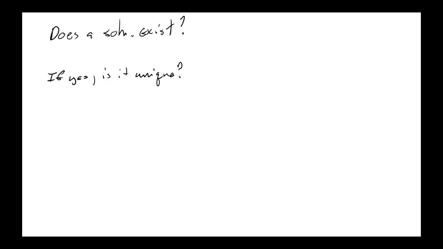Or if it does, there may actually be other solutions out there. Or at least that's what we have to consider. So for the first order initial value problem, like we set up last time, meaning first derivative is in the differential equation, that's the maximum derivative there, and you have one condition.